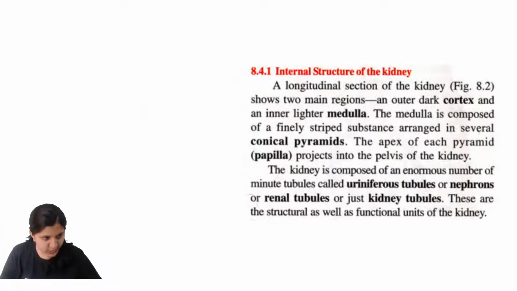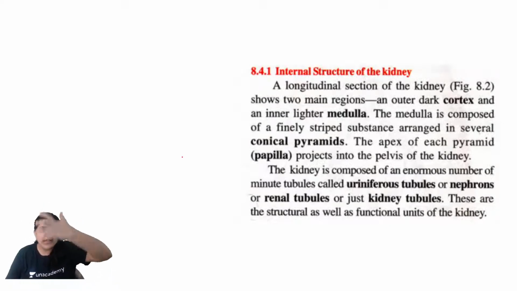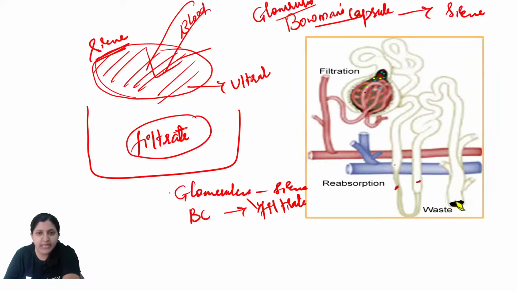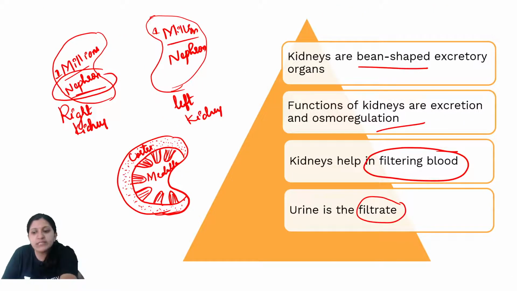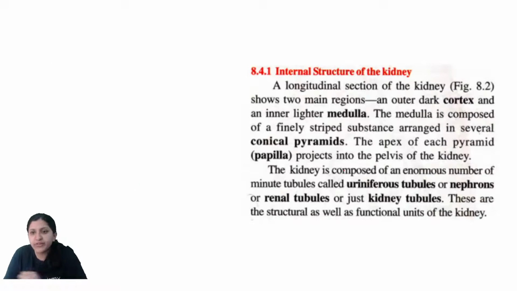And the next one is actually, one second. So the internal structure of a kidney, okay, so the longitudinal section of the kidney, that is what I was explaining here. So this is the longitudinal section that we will find, and it will show two regions.